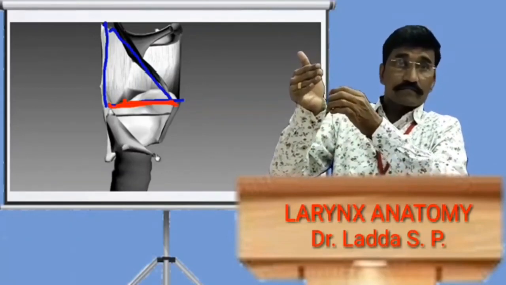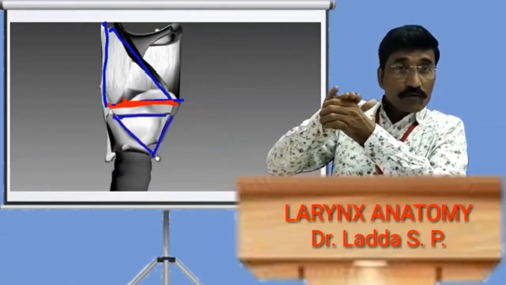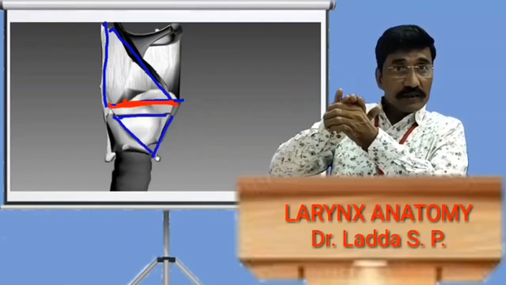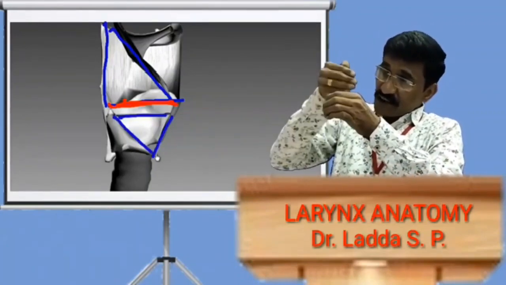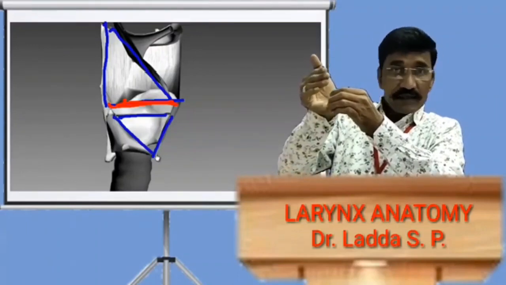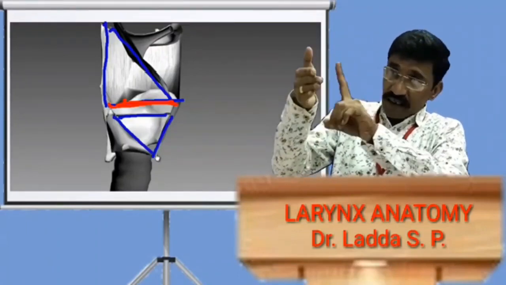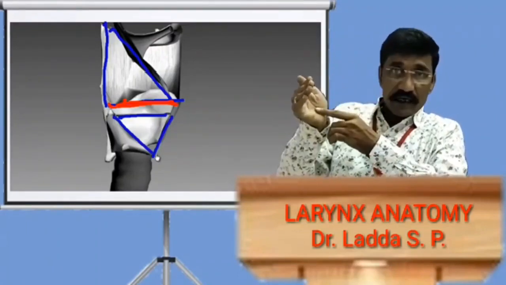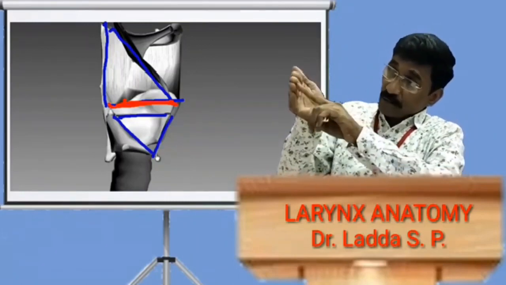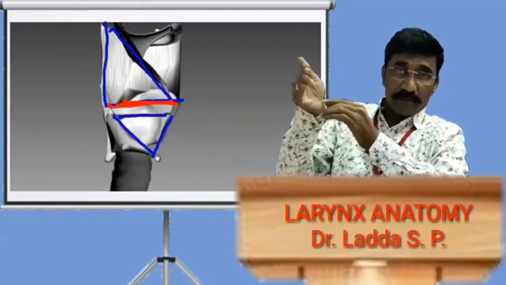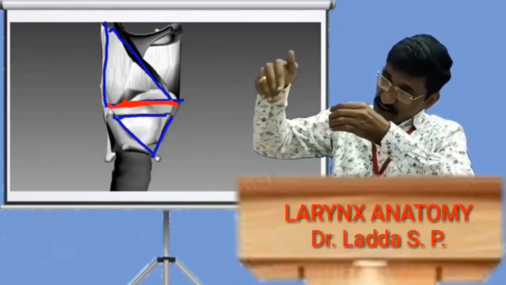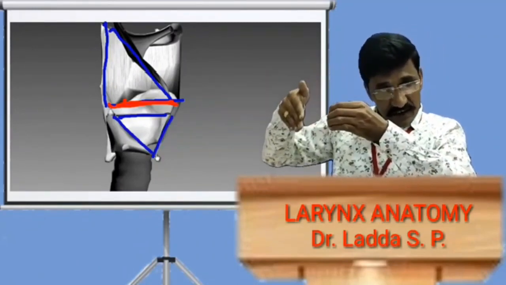Now what happened here? A membrane from the lamina of the cricoid extends in this direction and in this direction. Are you getting? One to one lamina and another to another lamina, up to the center of the laminae.